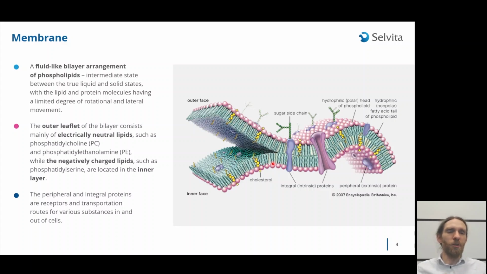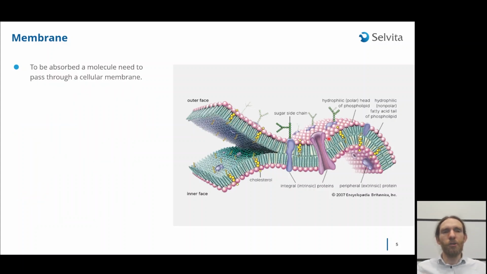Other components of membrane are proteins, peripheral and integral proteins represented by various receptors and transportation routes for different substances in and out of the cell. To be absorbed, a molecule needs to pass through the cellular membrane. Because of that, membrane permeability will be a key determinant of absorption, distribution, and excretion.